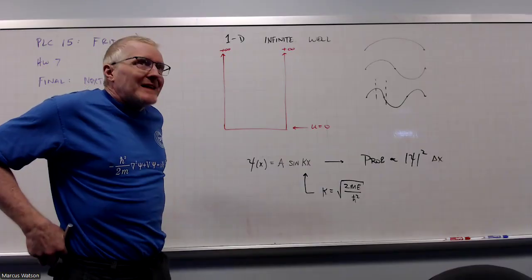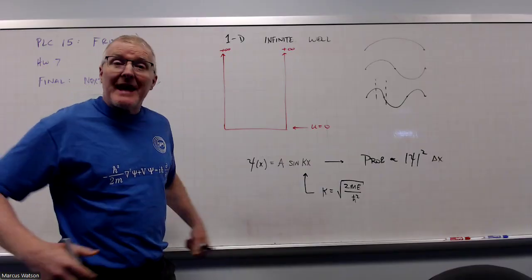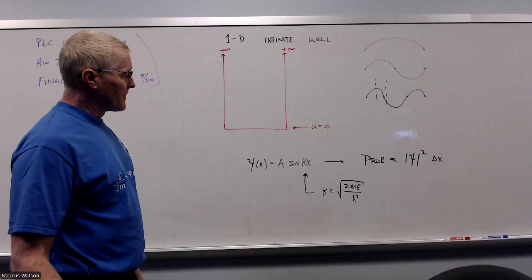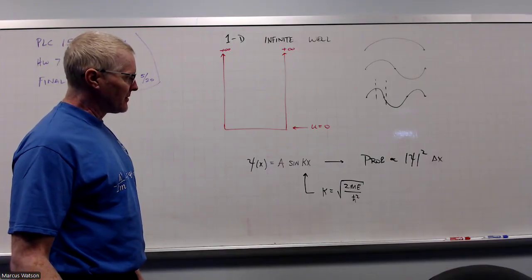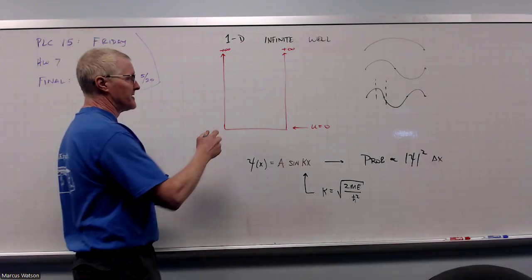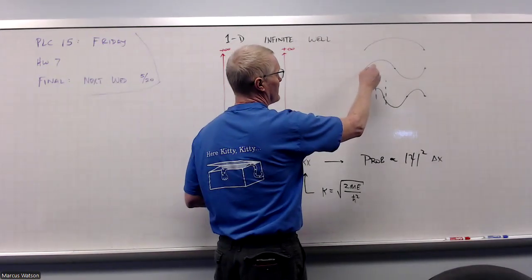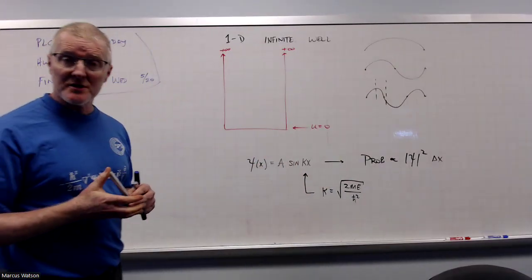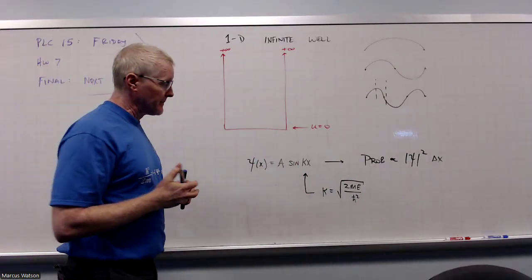We have to come up with a quantized restriction on the k value. The quantized restriction on the k value comes about because of this forcing of the wave function to be 0 at the ends.